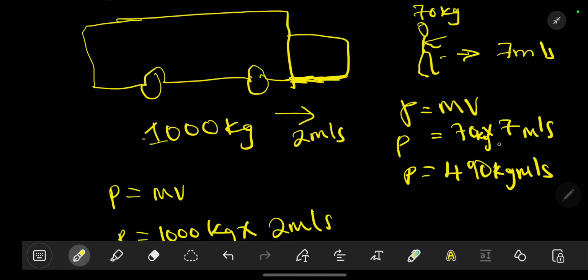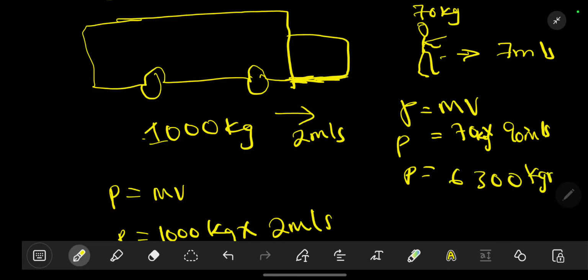So this means that if a person is falling at, let's say, 90 meters per second, you will find that they will exert a greater momentum, which is 70 times 90.